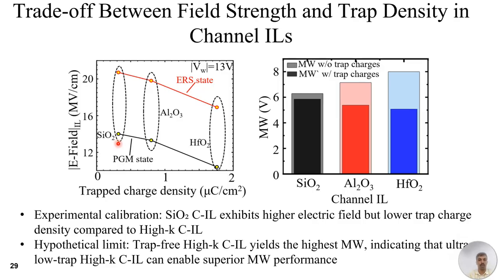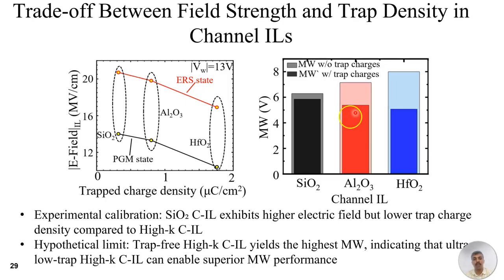This suggests that instead of electric field across the IL, trap charge density is the dominant limiter in the reliability and memory window performance. Moreover, we also calibrated and estimated the memory window for SiO2, Al2O3 and HfO2, and we show that the memory window closely matches the experimental results, which is shown by the dark bar plots here, and the light bar plots show the memory window without the presence of trap charges.